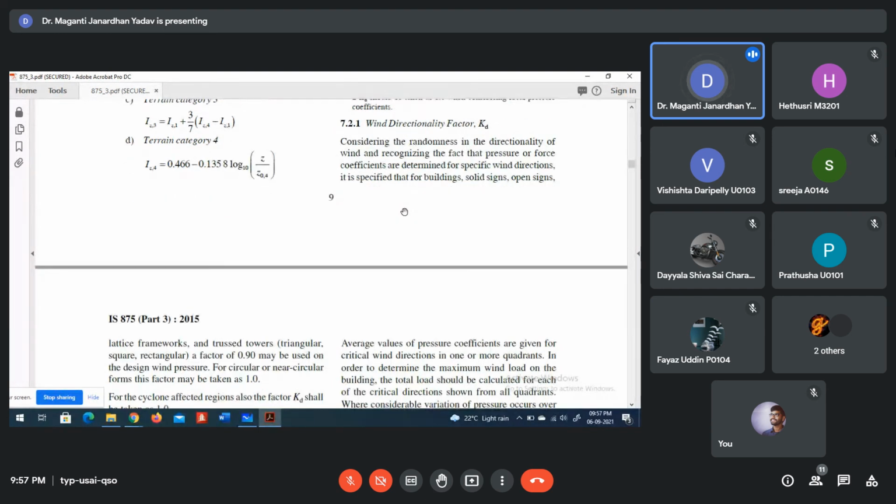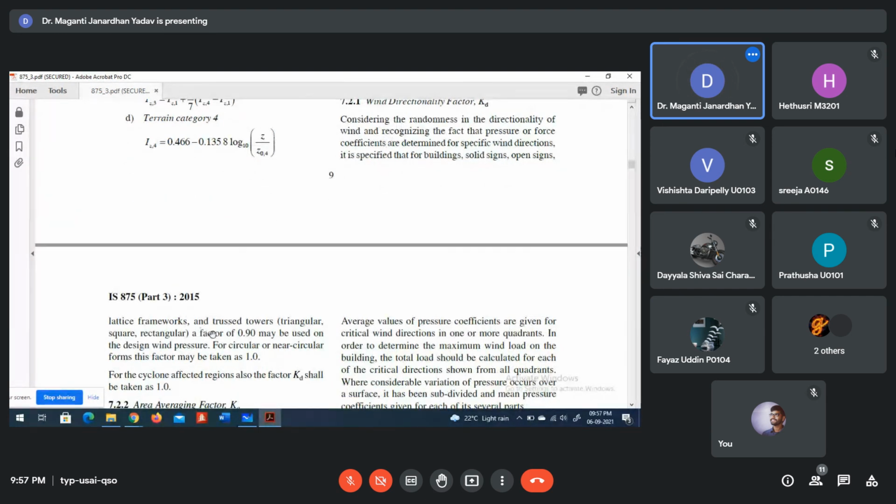KD is the wind directionality factor. For cyclonic regions, it is 1. Otherwise, it is 0.9. And for circular and near circular forms, this factor is taken as 1.